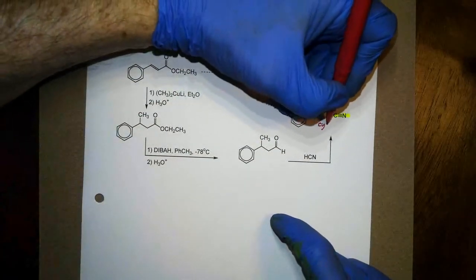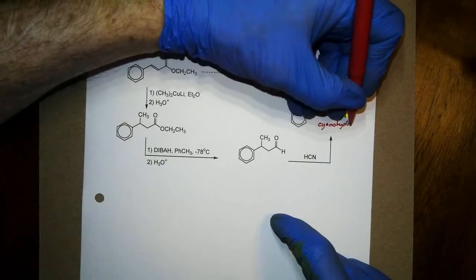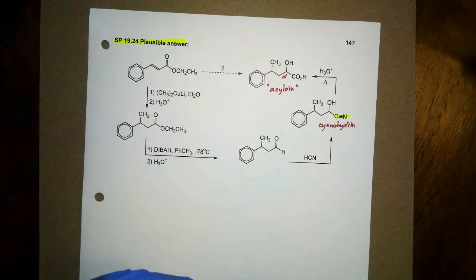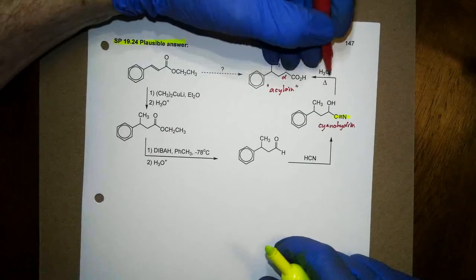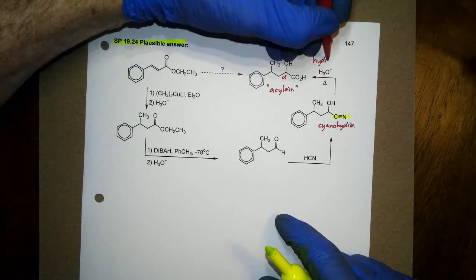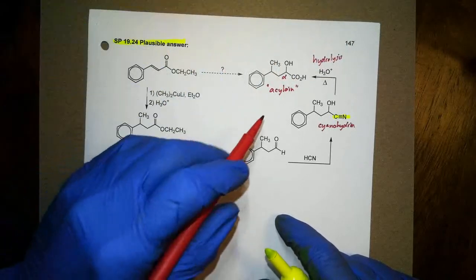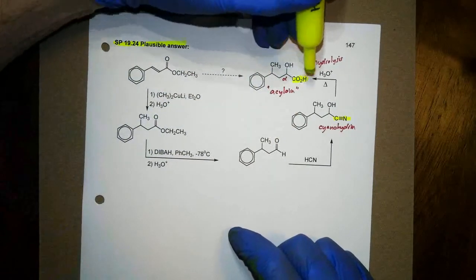Cyanohydrins. Now, what's a cyanohydrin? It has a cyano group and an OH group. So, if we treat this with acid in a process called hydrolysis, under reflux, then we're going to convert that cyano group into this carboxylic acid.